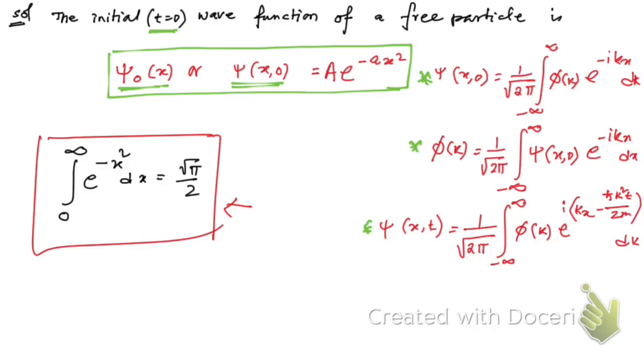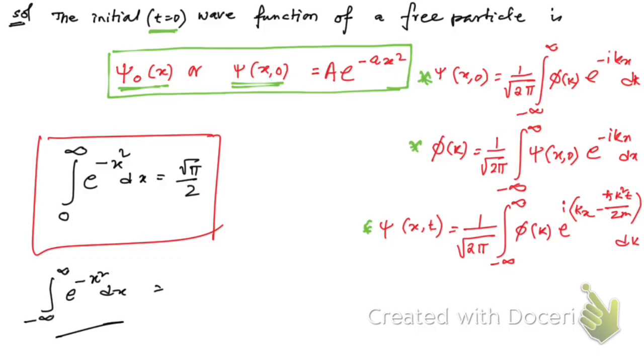Now you see, if you know this result, from here you can also obtain that the integral from minus infinity to plus infinity of e to the power minus x square dx is equal to root pi. How? Let me show you.